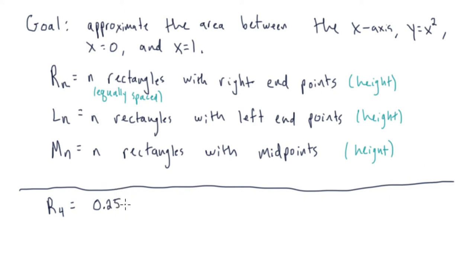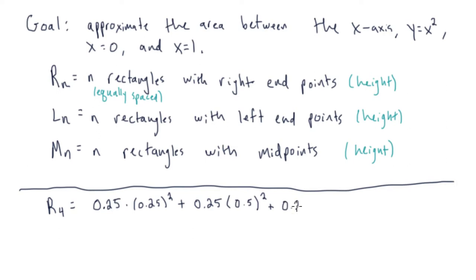And then the height of the first rectangle, I'm going to evaluate the function x squared at the right endpoint, which is 0.25 squared. And then the second rectangle has width 0.25. They all have width 0.25. But now I'm going to evaluate the function at the right endpoint of the second subinterval.